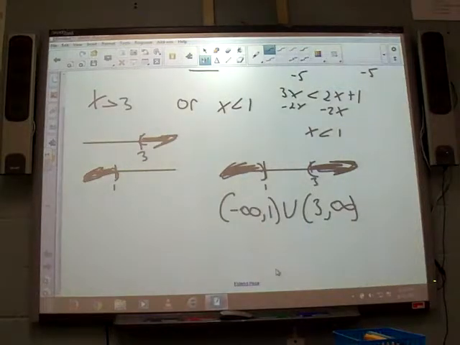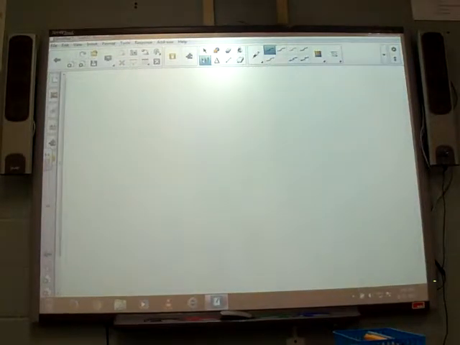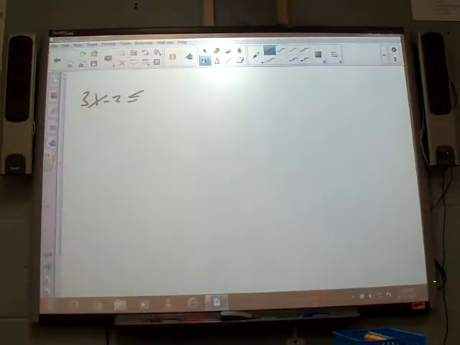All right. If we had 3x minus 2 is less than or equal to 13, or x plus 5 is less than or equal to 7. Those are both less than or equal to. Okay, let's get this thing solved.